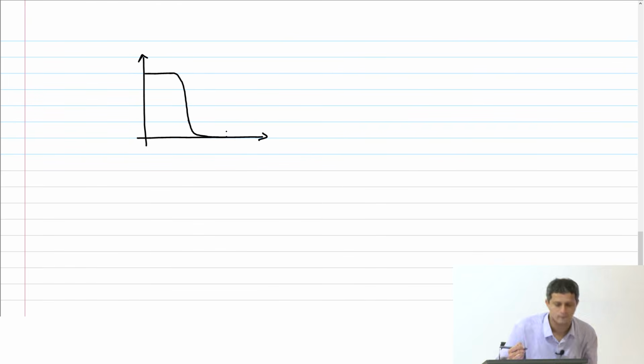So now let me just go ahead and redraw this so that it becomes easy. So there is some point where the slope is basically -1. G equals -1.